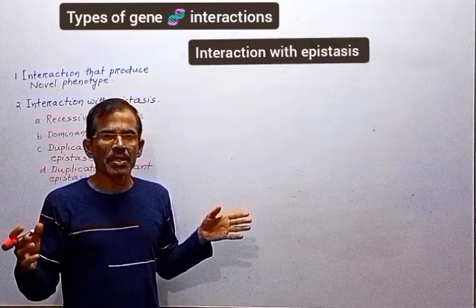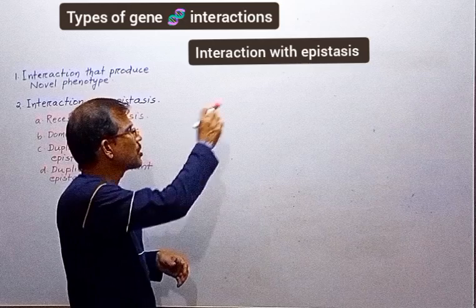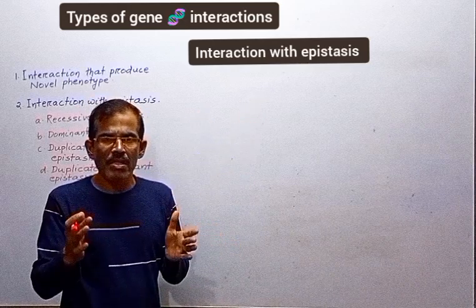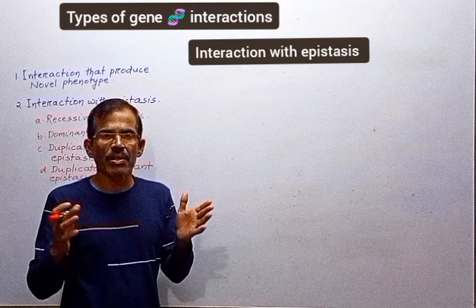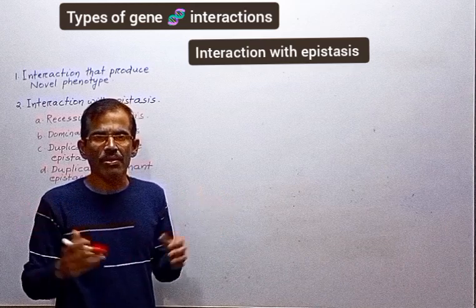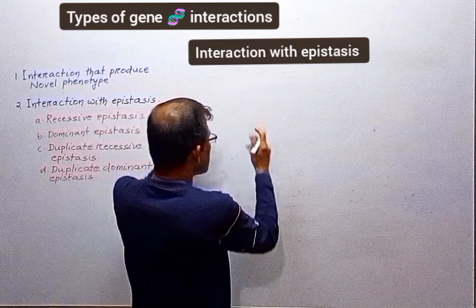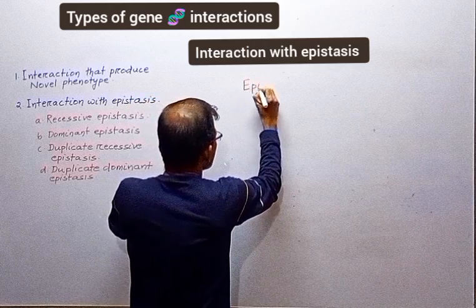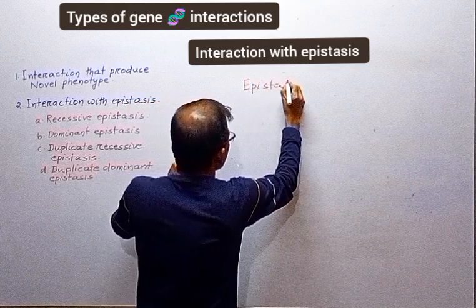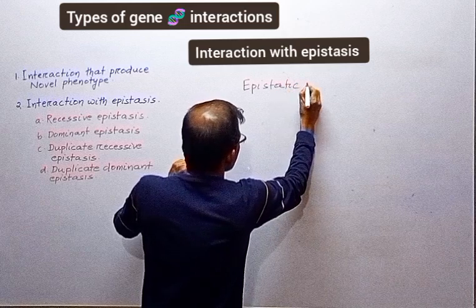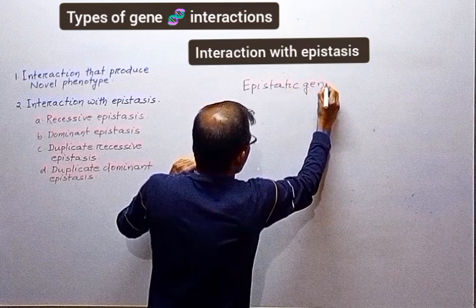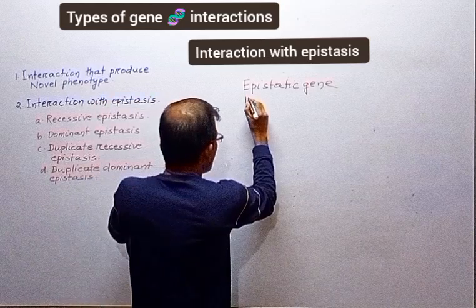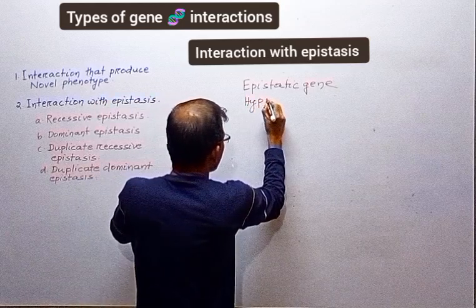Second type of gene interaction is epistasis, in which one gene masks or hides the effect of another gene at a different locus. The gene that does the masking is called epistatic gene, and the gene whose effect is masked is called hypostatic gene.